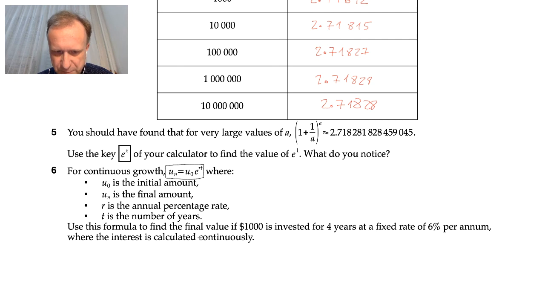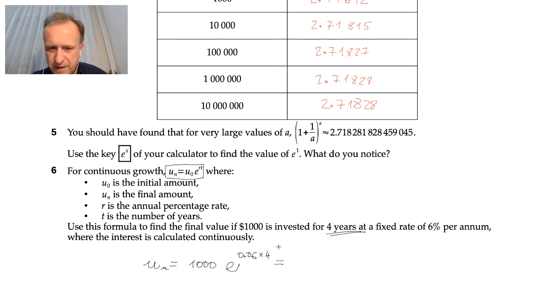Use this formula to find the value of a $1,000 investment invested for 4 years at a fixed rate of 6% per annum. Okay, so if I want to do that, U sub n is going to be $1,000 times e to the power of 0.06 times 4, as it's 4 years.